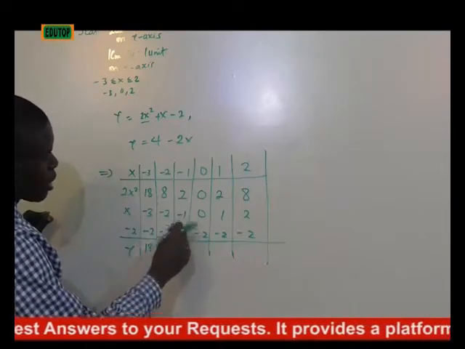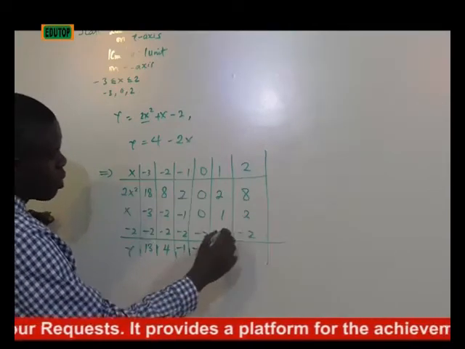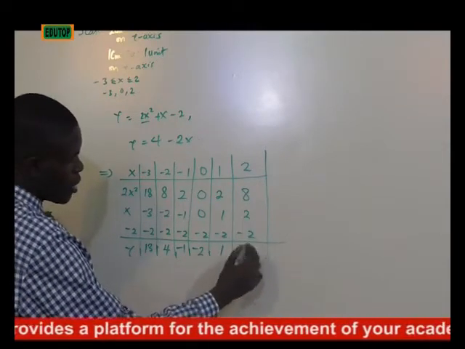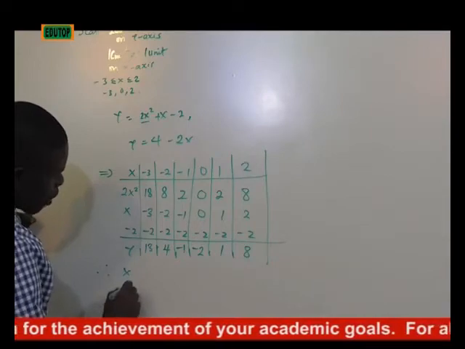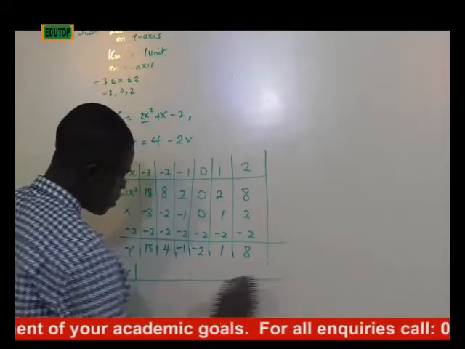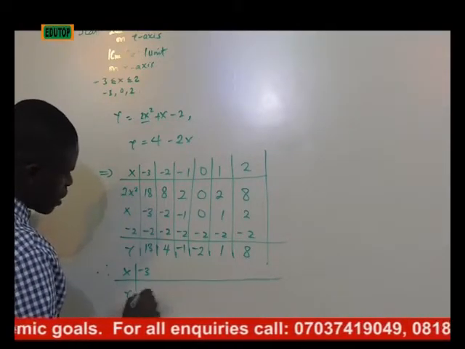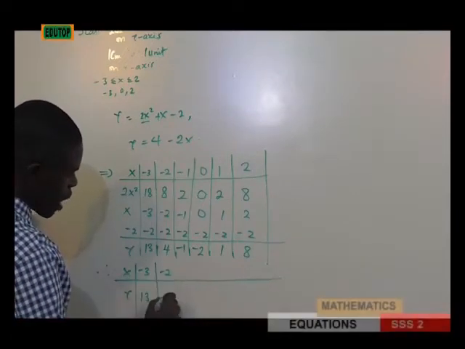Then minus 3, minus 1. Minus 2, minus 2. Minus 2, 1. Minus 2, 8. So automatically, we'll be able to resolve our corresponding x and y values. Where you have minus 3, the corresponding value of y is 13. When you have minus 2, the corresponding value of y is 4.